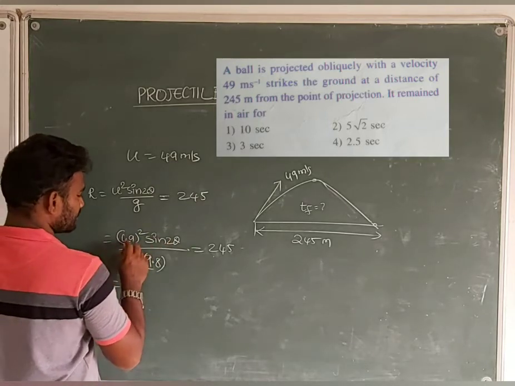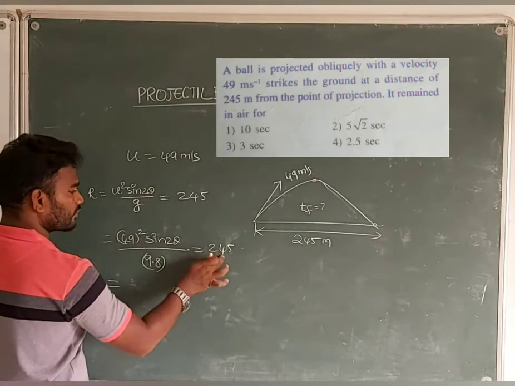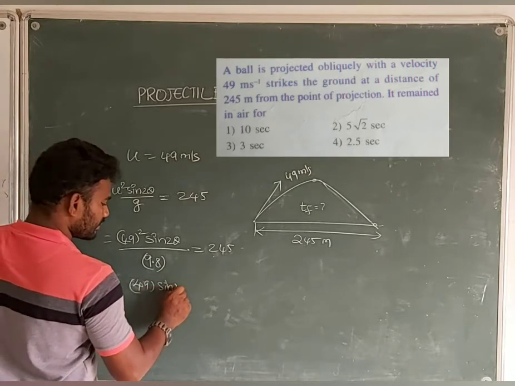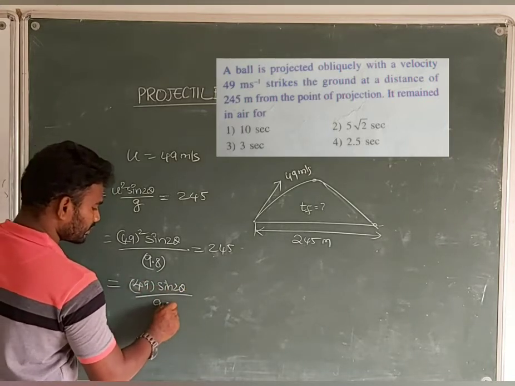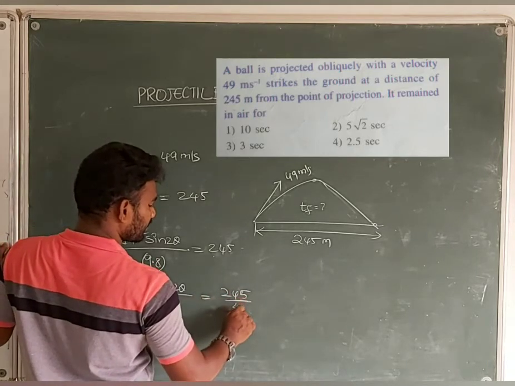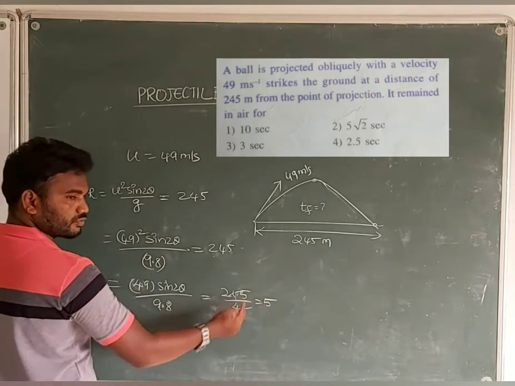So let me consider, you can divide this 49 into 49 and send this 1 by 49 here. Then you will be getting 49 sine 2 theta divided by 9.8 is equal to 245 by 49. So this answer is 5. You can check it, 49 5s are 245.